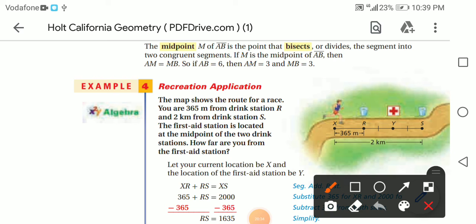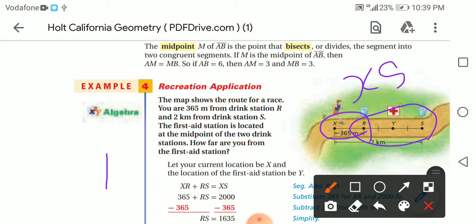So I have XR plus RS gives you what, my dear students? XS, yes. So XS equals XR plus RS.